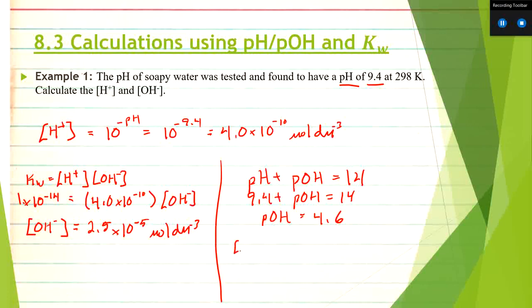Then we can find our concentration of OH ions by doing 10 to the negative pOH, which would be 10 to the negative 4.6, which gives us the same answer of 2.5 times 10 to the negative 5 mole per decimeter cubed. So it doesn't matter which route you want to take. You can use either method. They'll end up with the same answers.